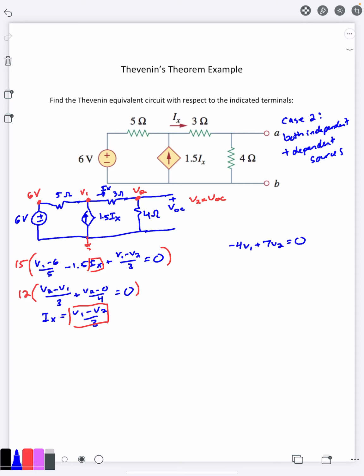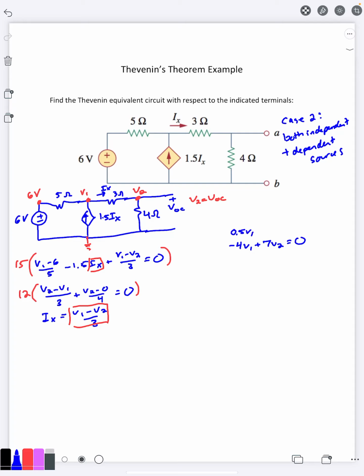So when I multiply by 15, I'm going to have a 3V1 there. When I multiply by 15 on the second one, I'd have 5 times 1.5 V1, which is minus 7.5. So we have 3 minus 7.5 is negative 4.5, and then plus 5, it's going to be 0.5 V1.